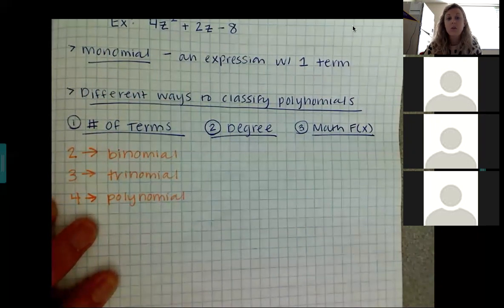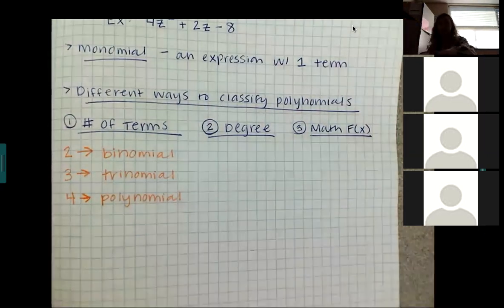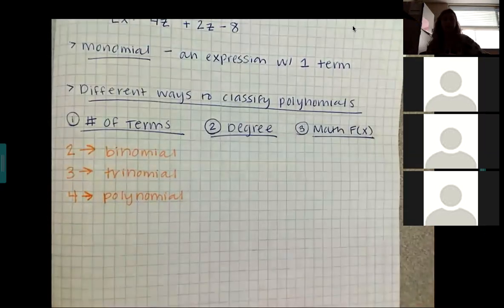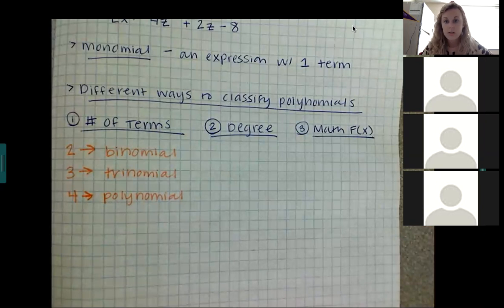So that's how you can classify a polynomial by its number of terms. Are there any questions on classifying by the number of terms? We'll do examples in a second. Y'all are good? Yeah. All right, so let's keep it going.